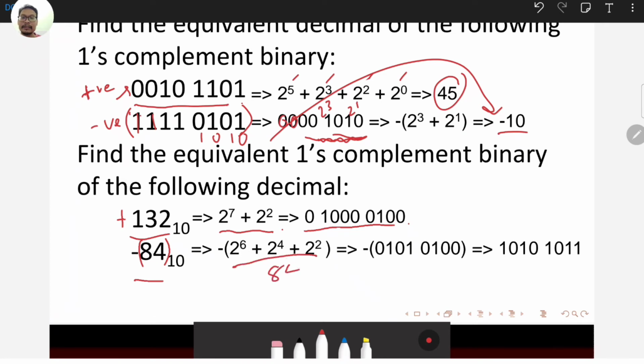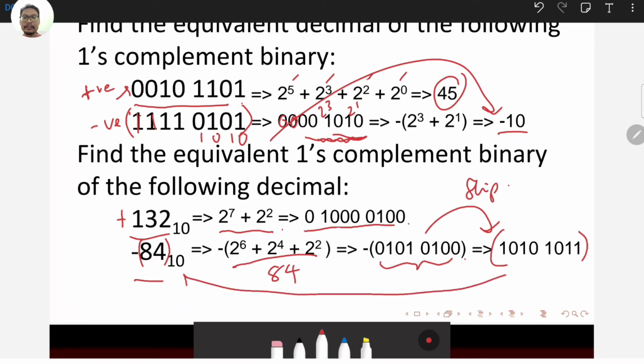So the magnitude of 84 is 2 to the power of 6 plus 2 to the power of 4 plus 2 to the power of 2. In standard binary it is given here, and then we need to flip every bit. Here we do a flip, every bit flipped, 1010 1011, and therefore this whole binary here is actually your negative 84.